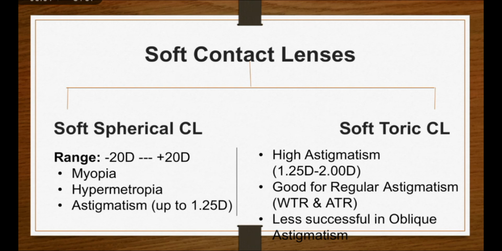So that is why the horizontal meridian is flat. With the rule means that the 90 degree meridian is steeper, while the 180 or horizontal meridian is flatter.